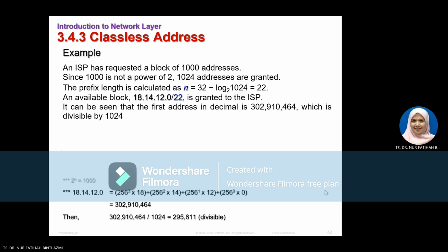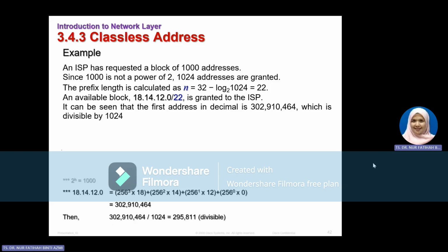For CIDR to work effectively and efficiently, there are two main restrictions that need to be applied when allocating a block of addresses. The first one is that the number of addresses must always be a power of two.